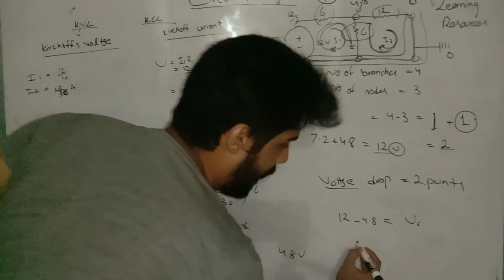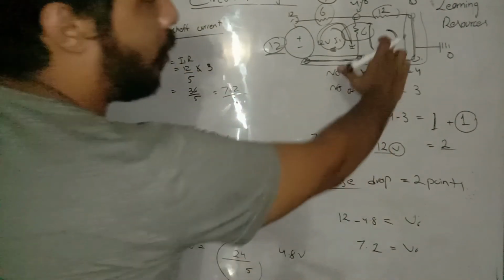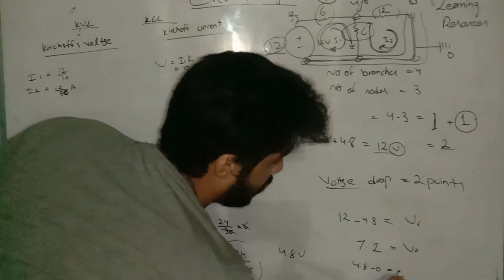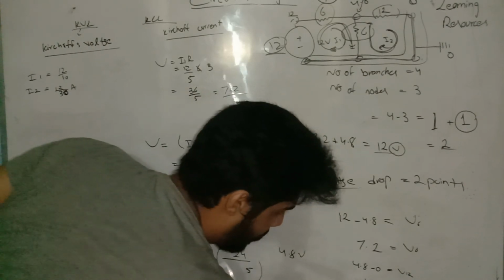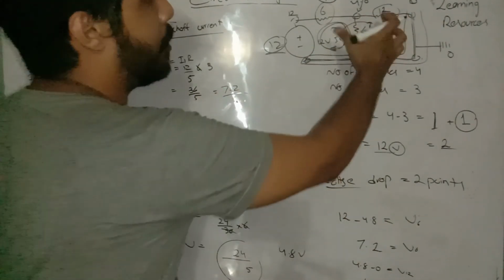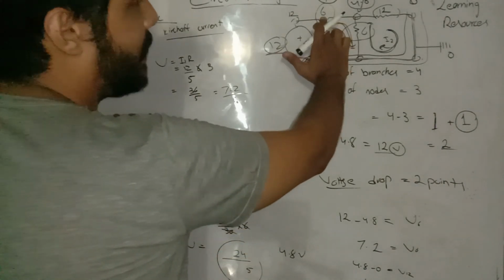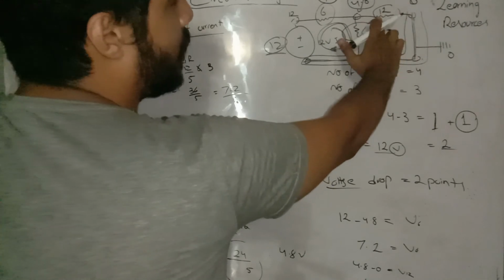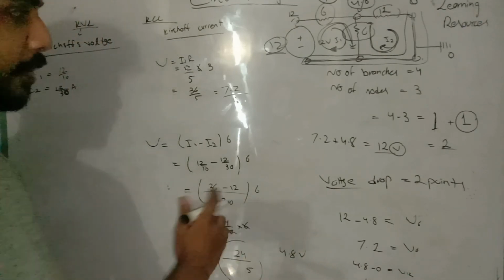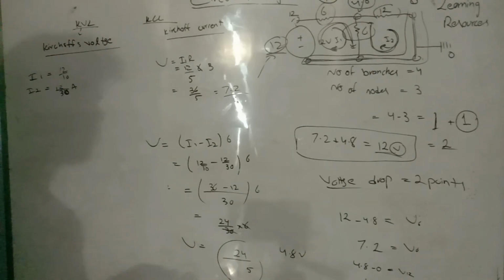By subtracting it, I will get 7.2 volts. And if I want the voltage drop at this point, I just have to do 4.8 minus 0 equals the voltage at 12, because the other point is not contributing to its voltage. The one point contributing to its voltage is this point. So I only have to calculate the voltage drop at this point, and I automatically get the voltage drop at the other point because I have this 4.8 here. So in this way you can check your answer. The answer is 12 volts, which is mentioned here. So by this I know my answer is absolutely correct.